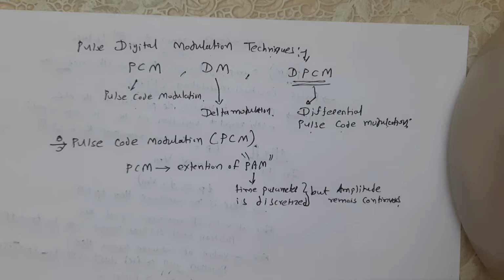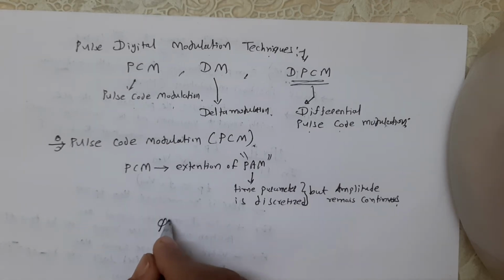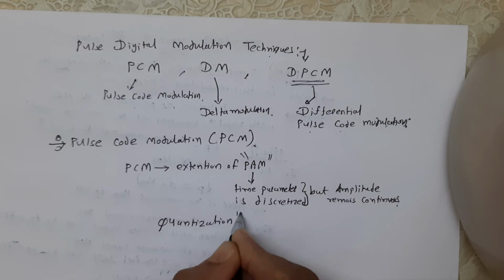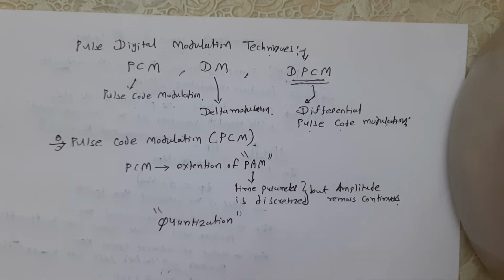What is essential here is to round or approximate a group of nearby amplitude values and represent them by a single discrete amplitude value. This process is known as quantization.